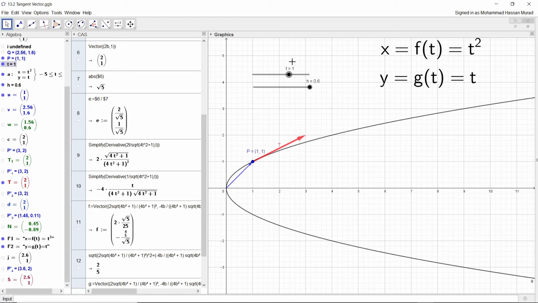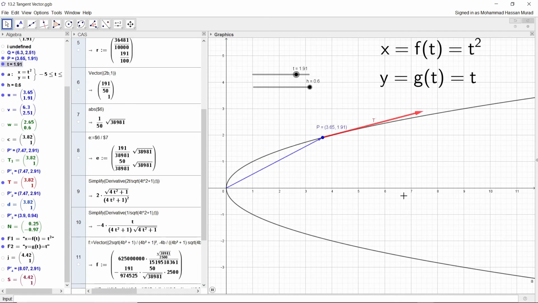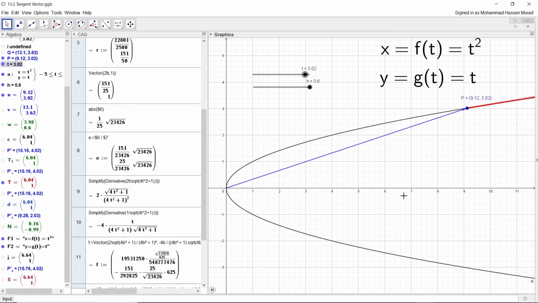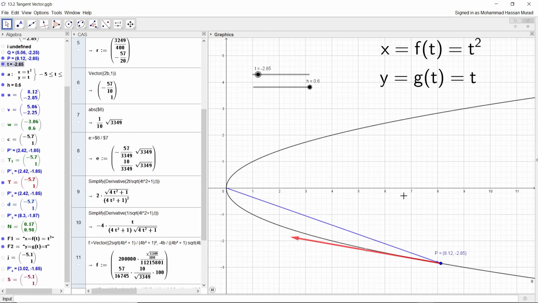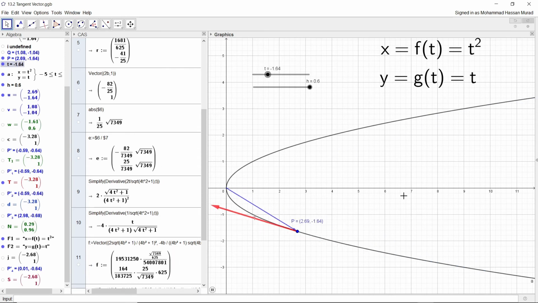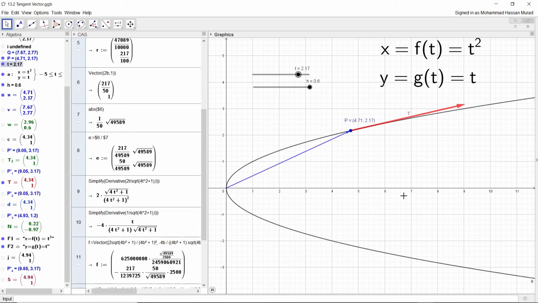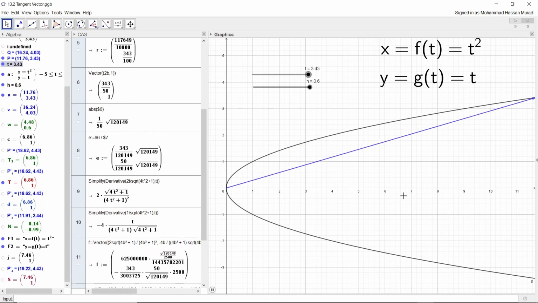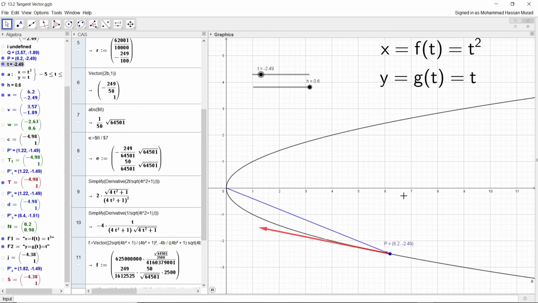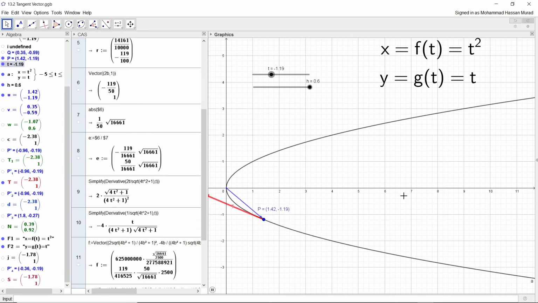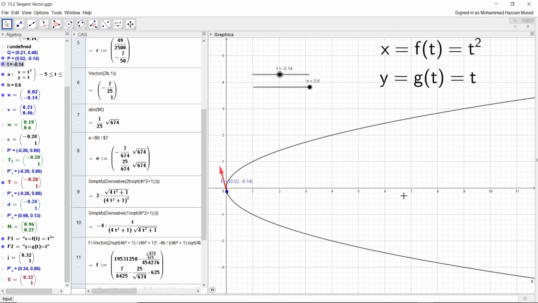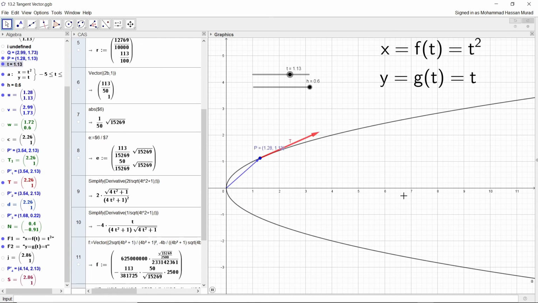The length of the tangent vector at different points is different, as is clear from the definition of the tangent vector and also from this figure. If we divide the tangent vector by its magnitude, we get the unit tangent vector, whose direction changes from point to point, but not the magnitude.